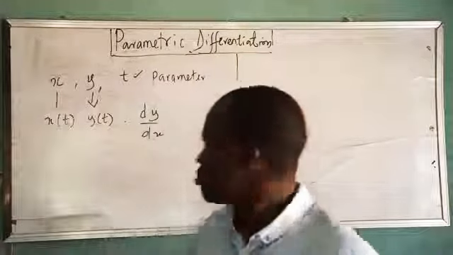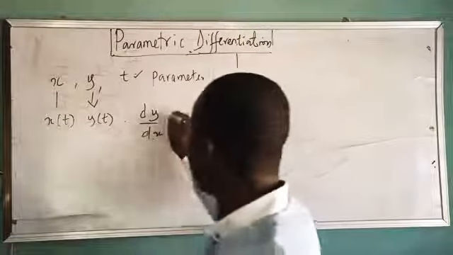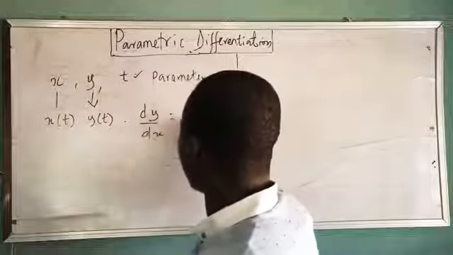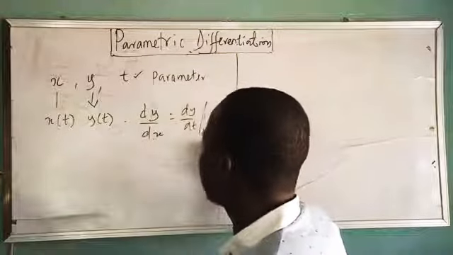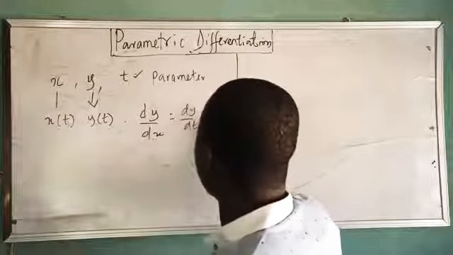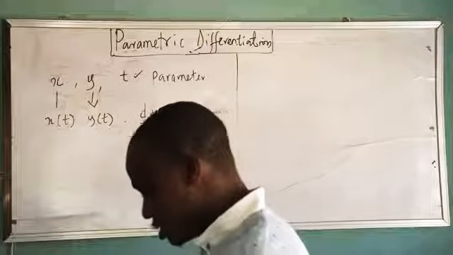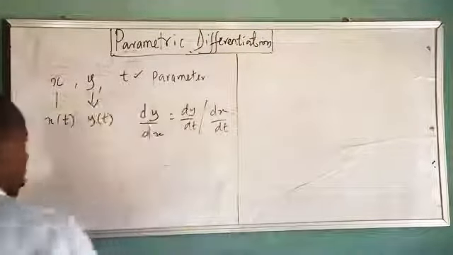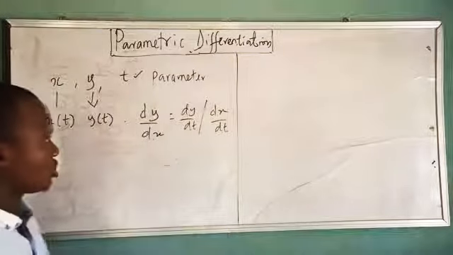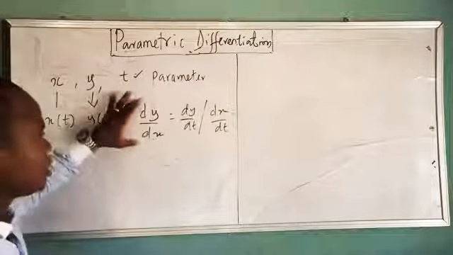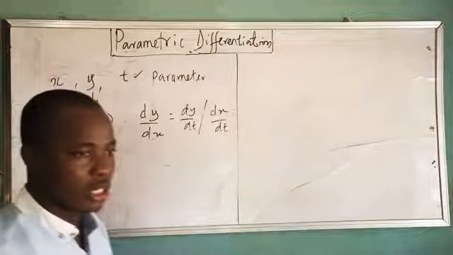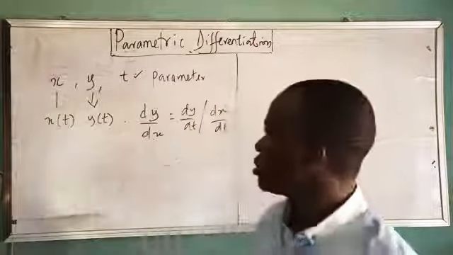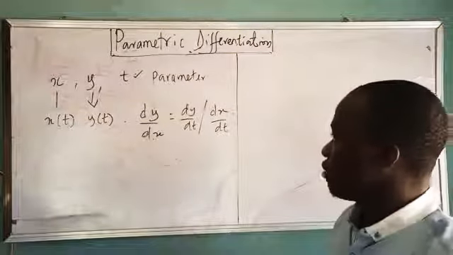So to get dy over dx, we now have the formula: dy over dt divided by dx over dt. So that's the formula we mostly use in getting the differential coefficient of this y. So that is the formula.